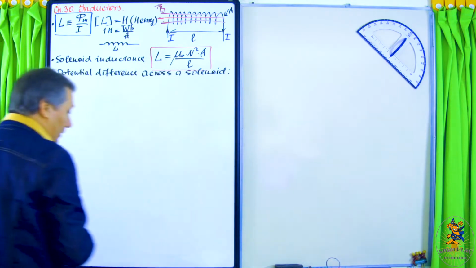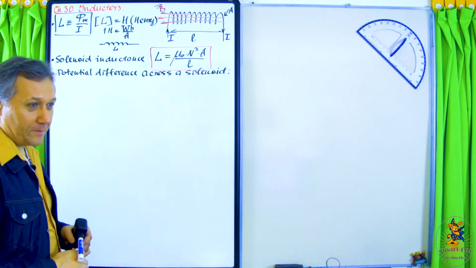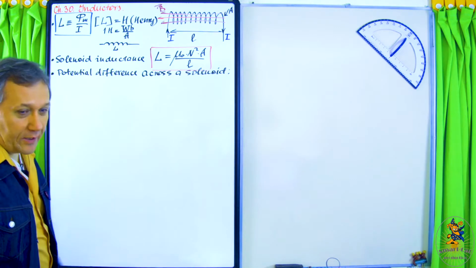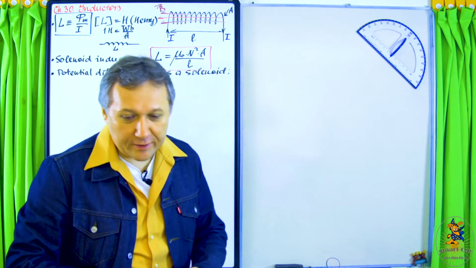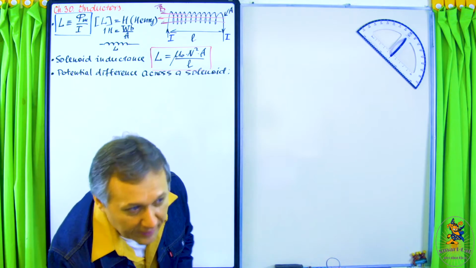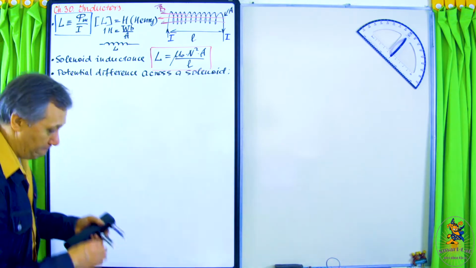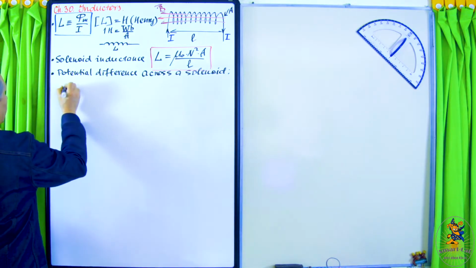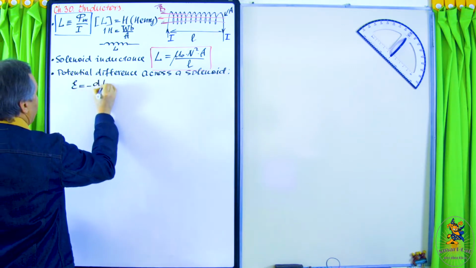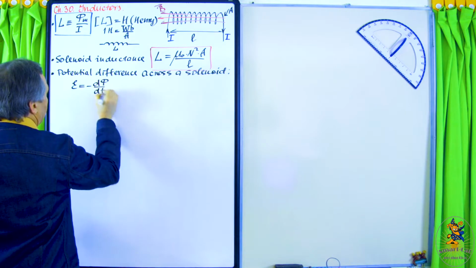So we derived the formula using Faraday's law, because again, as I told you, Faraday's law is behind all this mess. EMF equals minus d phi over dt.